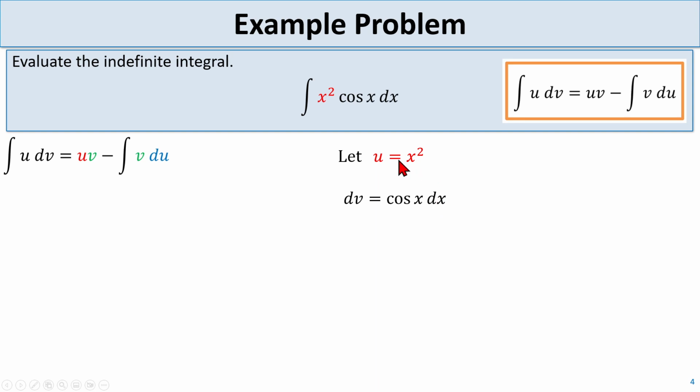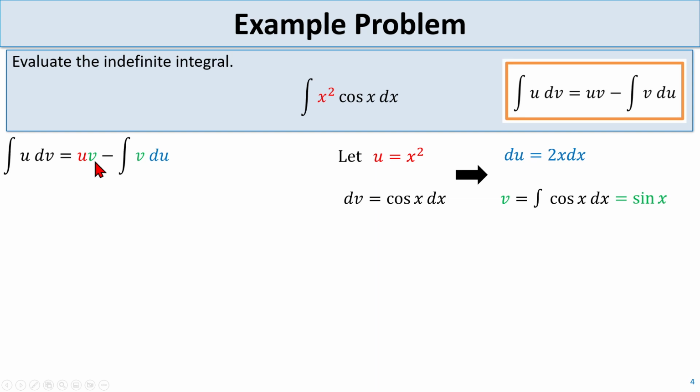And now we need to figure out what du is and what v is. We'll start by finding du. That is the derivative of u, which is 2x, multiplied by dx. Next, we find v from dv by integrating. So we're going to integrate cosine of x, and that just gives you sine of x.